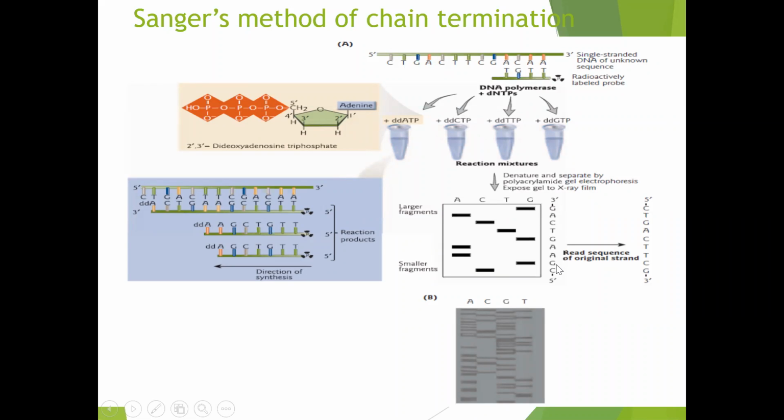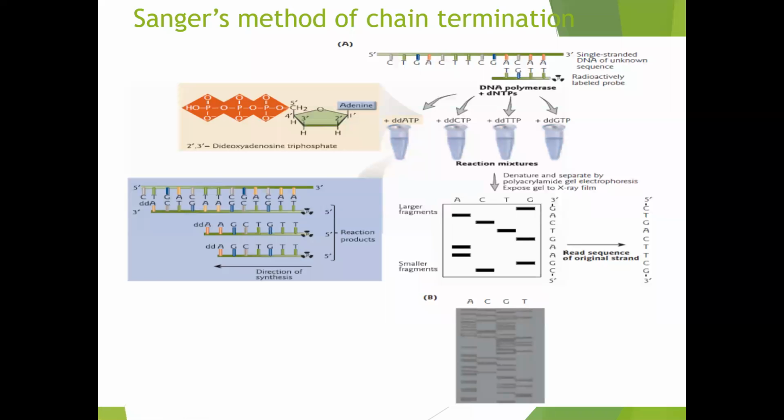And this is the fragment formed by termination at G. Fragment formed by termination at A. Again A, G, T, C, right? C. And then here it is C, A, G. So when you read the sequence this way, that will give you the nascent fragment.